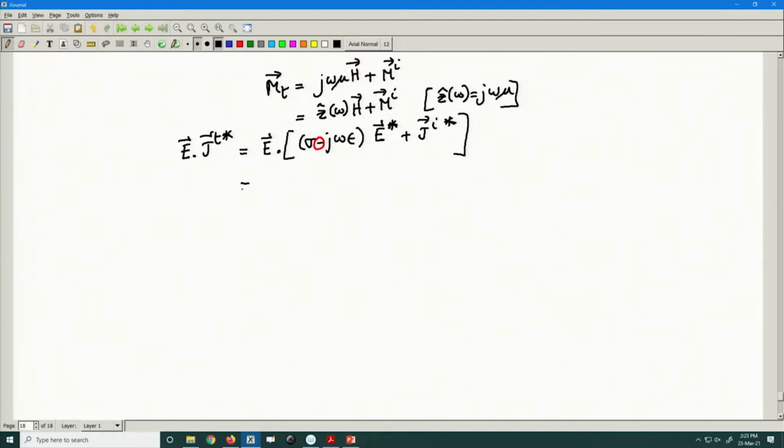So, then performing E dot E star, it will become mod E square (sigma minus j omega epsilon) plus E dot J I star.